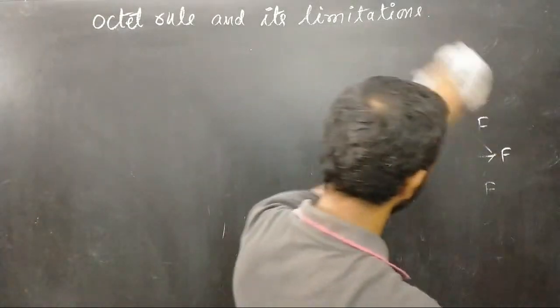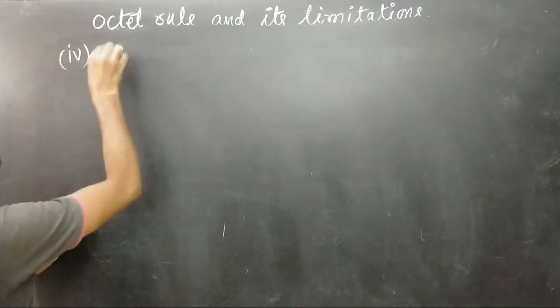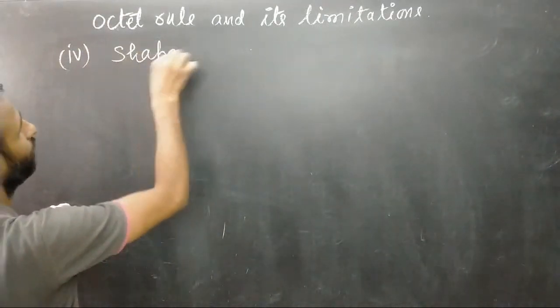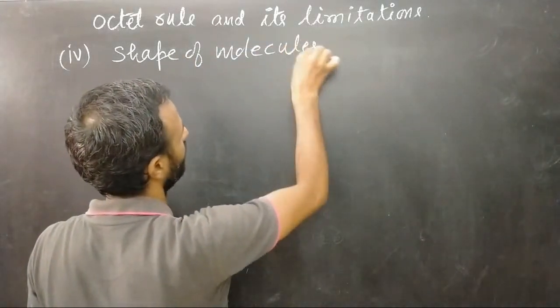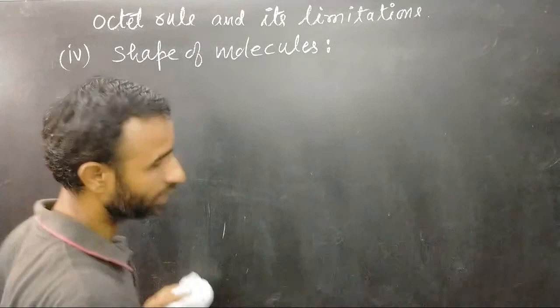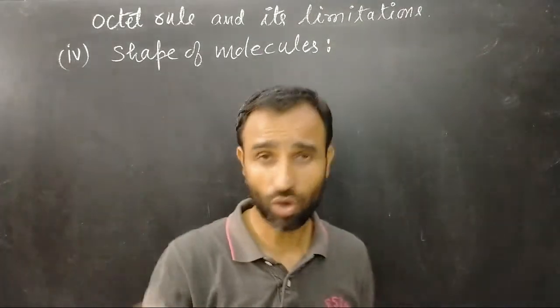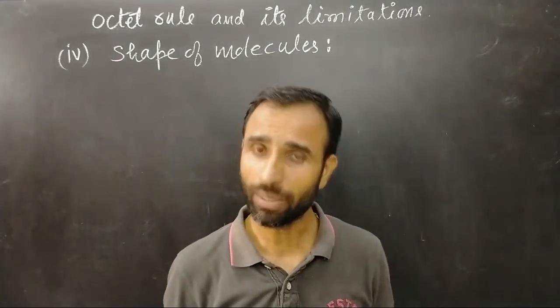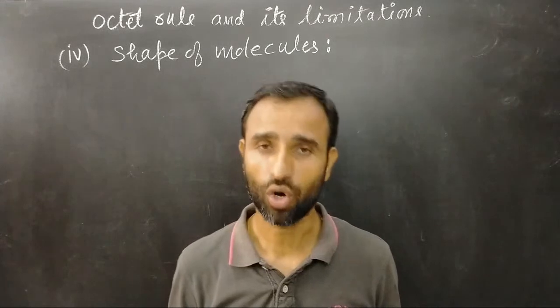Then the fourth limitation is the shape of molecules. Like in PCl5, SF6, IF7, I have drawn some particular shapes. These shapes were not explained by the octet rule.